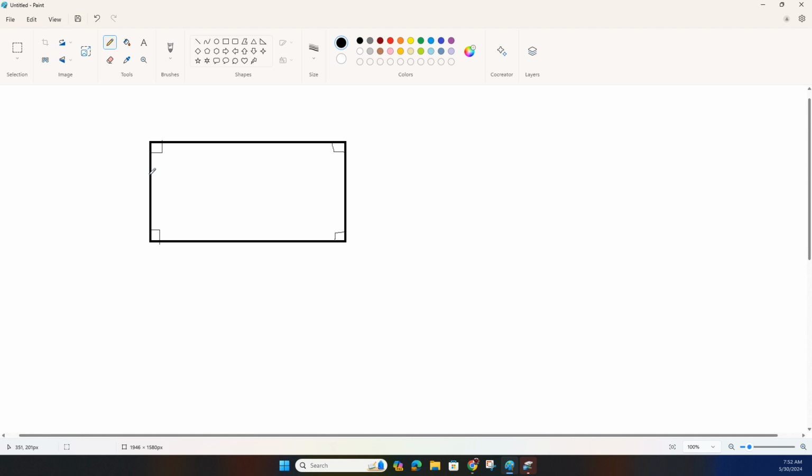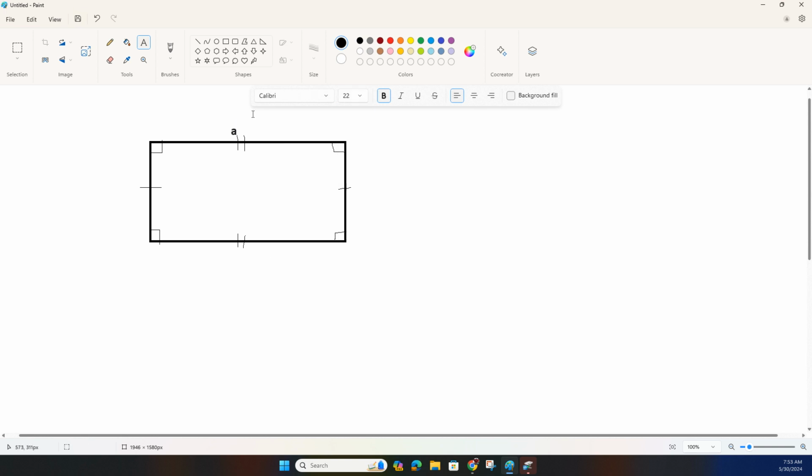We can see that this rectangle has 1 pair of equivalent sides and a second pair of equivalent sides. What I can do is assign a variable to these sides just like I did with the bus and the car. So I'm going to call this side A. I better make it big enough to actually see.